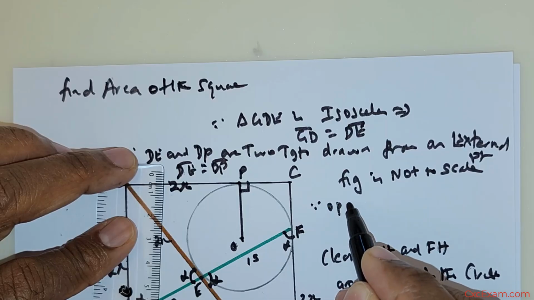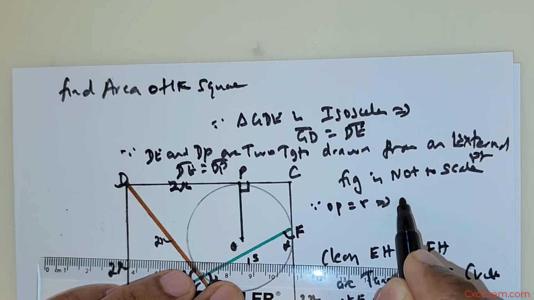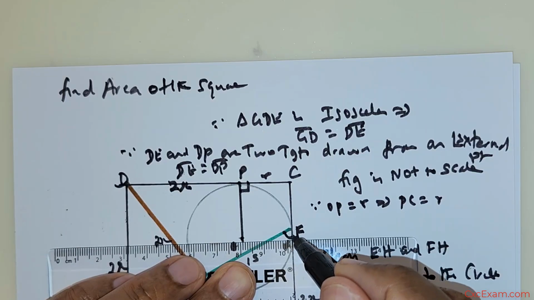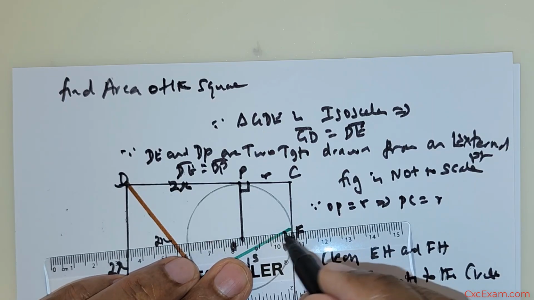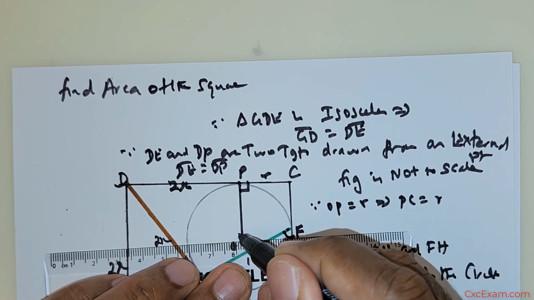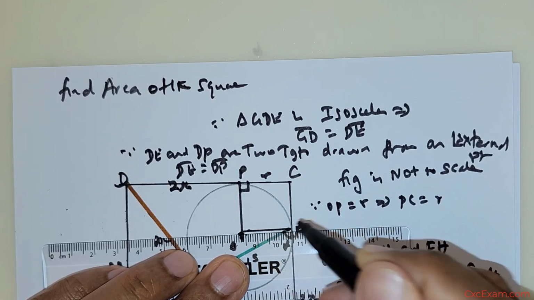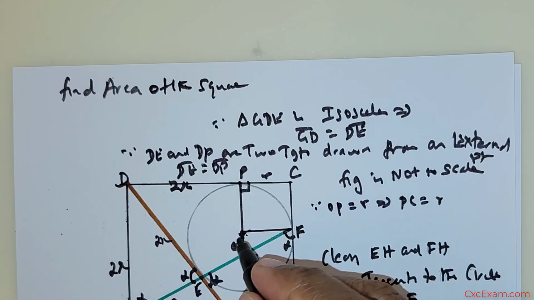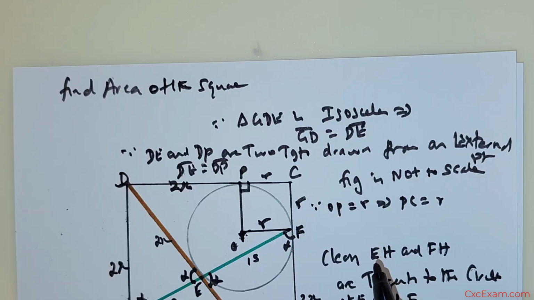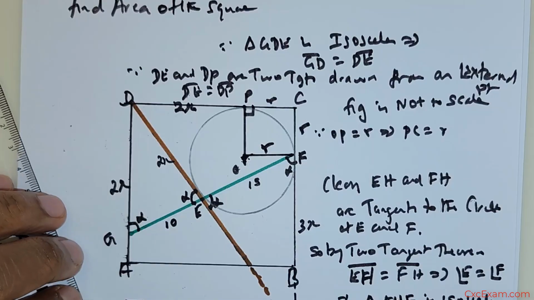So since OP is equal to R, this means PC will also be equal to R. So this is going to be equal to R. And if I connect this, so there is a connectivity, I'll connect. Okay, so this is going to be R, this is going to be R, right?